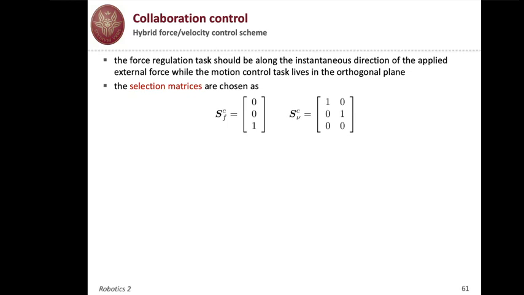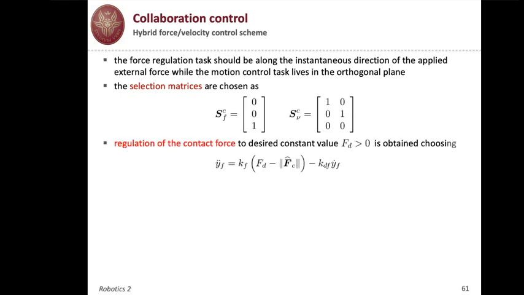And the other two directions are selected by a unitary matrix. Here there is no sophisticated parameterization needed for this case. So this selects the complementary direction along which we will control motion and velocity in particular.